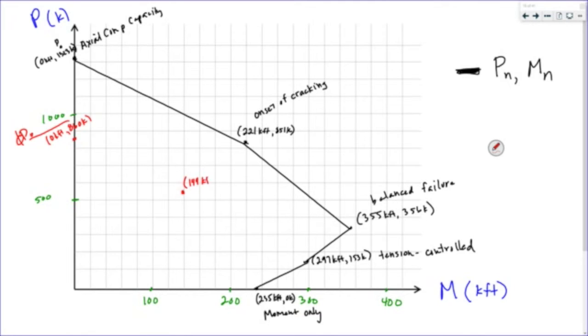Okay, let's make a little table off to the side. This is for phi Pn and phi Mn. I shouldn't make that in red now that I'm thinking about it. I'm going to change colors.